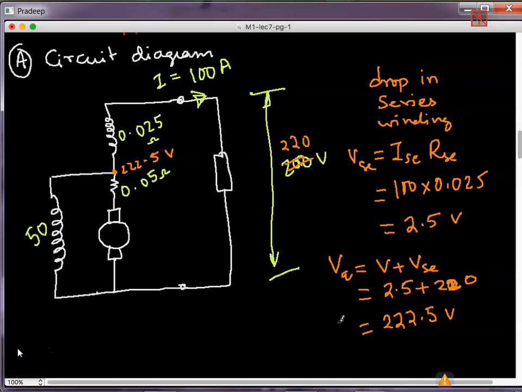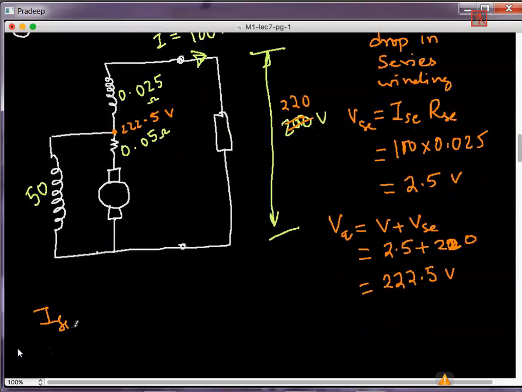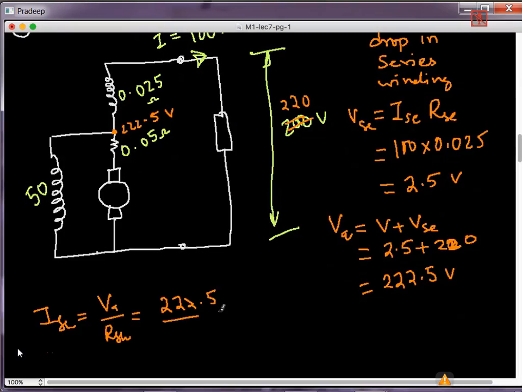Then I can now find out the shunt current. What is the shunt current? It is nothing but armature voltage divided by RSH. So that is nothing but 222.5 divided by 50, the shunt resistance is 50.